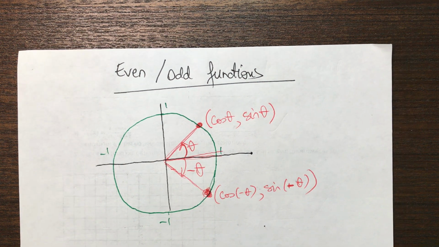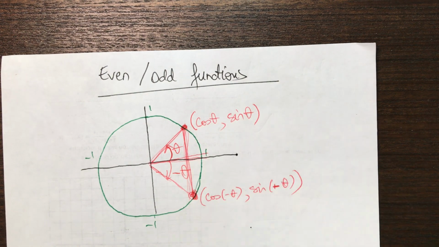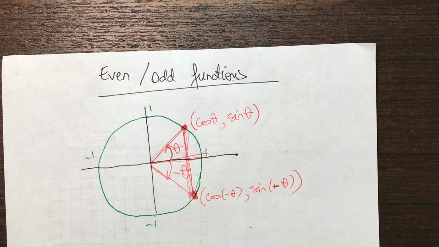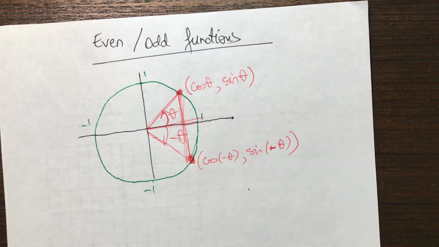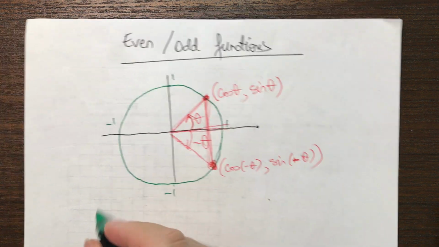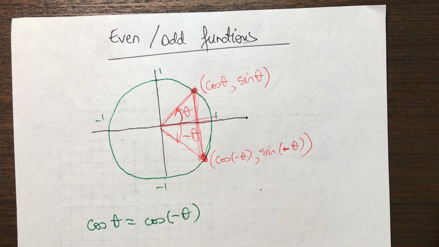So what could you tell me about these two x-coordinates? The cosine of an angle theta is the same thing as cosine of negative theta.